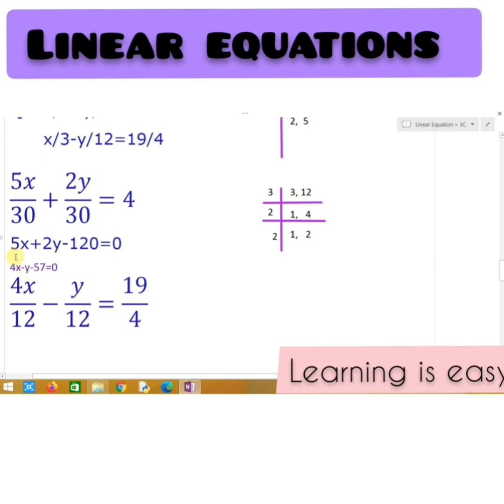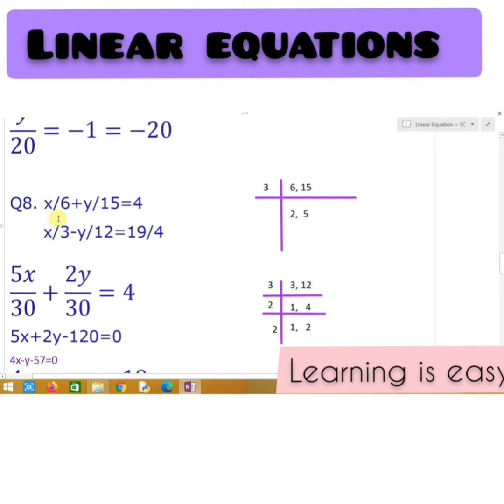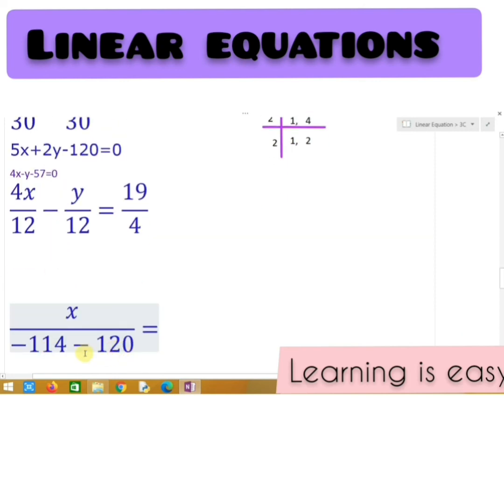From here, the steps remain the same. The usual cross multiplication method. For x, we can multiply the coefficient of y and constant. So x by minus 114 minus 120 equal to, because 57 into 2 is 114.